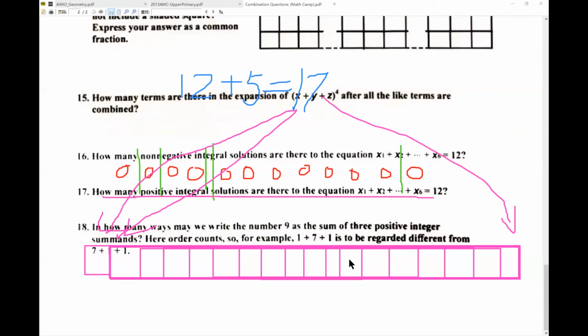The 5 stickers can be put anywhere among the 17 boxes, or maybe all here. There are 5 of them. For the rest of the boxes, I just put in the circles.